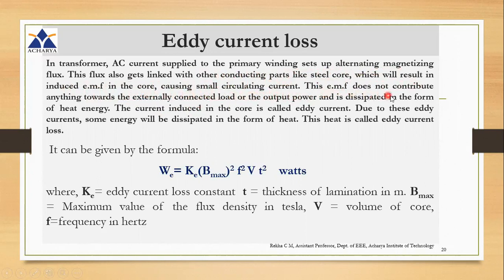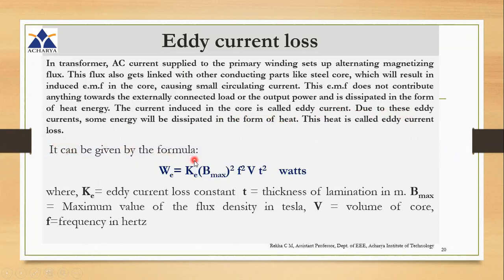This EMF does not contribute anything towards the externally connected load or the output power, and is dissipated in the form of heat energy. The current induced in the core is called eddy current. Due to these eddy currents, some energy will be dissipated in the form of heat. This heat is called eddy current loss.